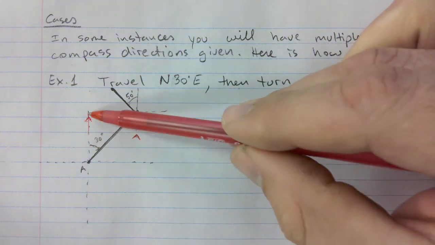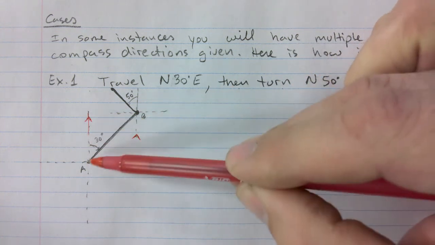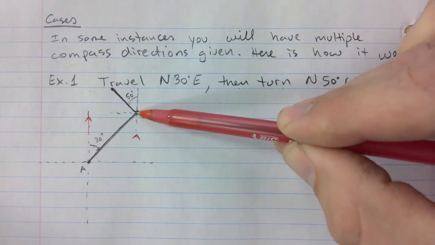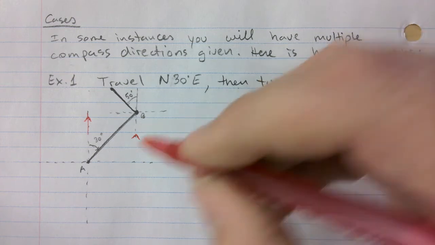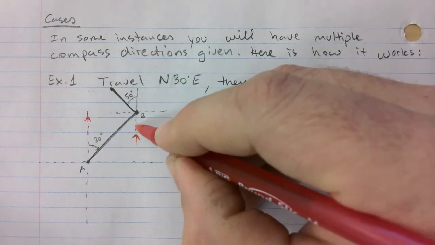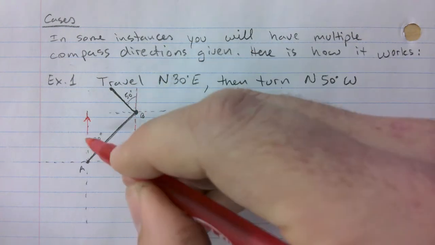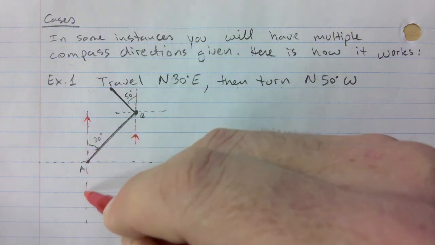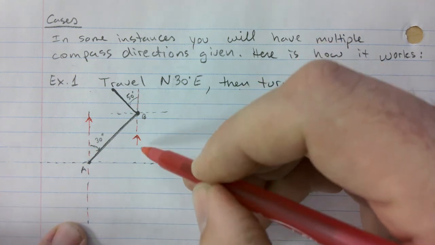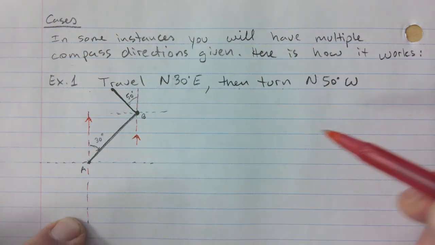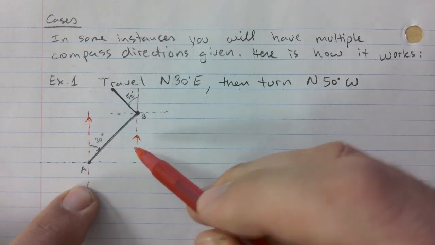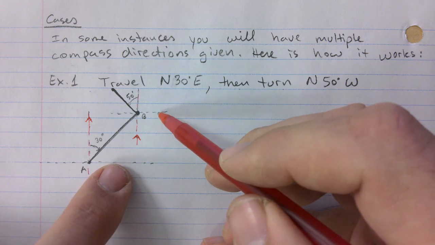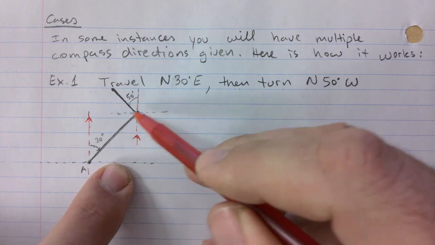I hope so, right? North and south, no matter where you are, if you're here or here, they are parallel to each other. Okay, so this line right here, the dashed line here and the dashed line there, they run parallel along. It doesn't matter how far apart you are or how close together, north and south stay parallel. The same can be said by these two here. The east-west line always stays parallel.